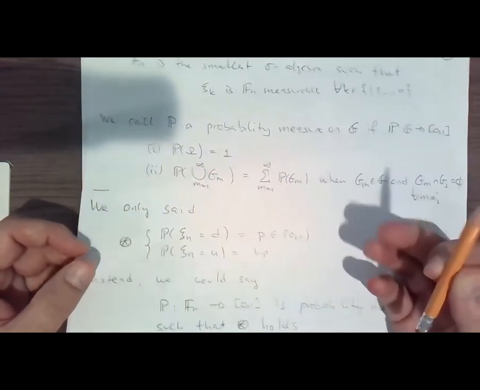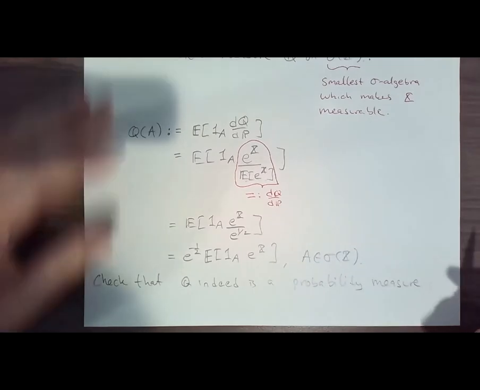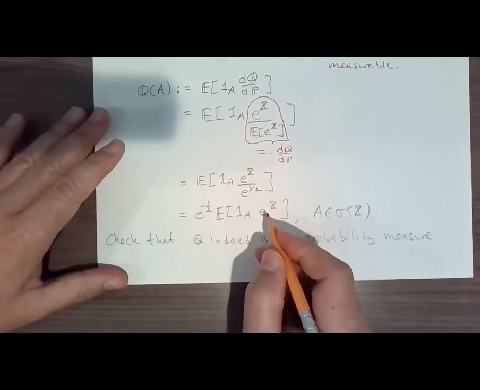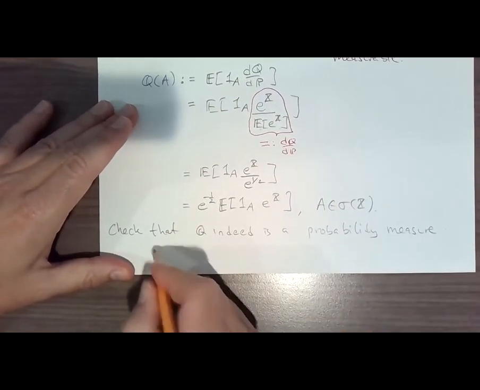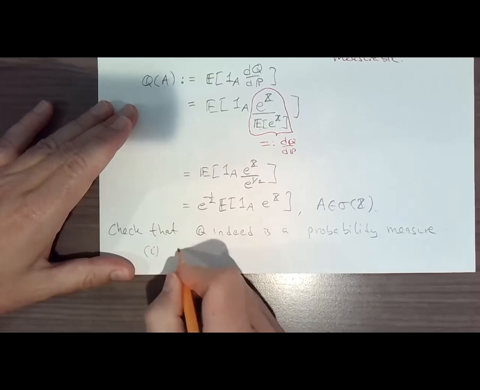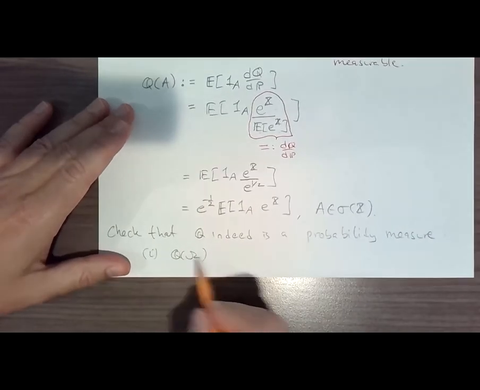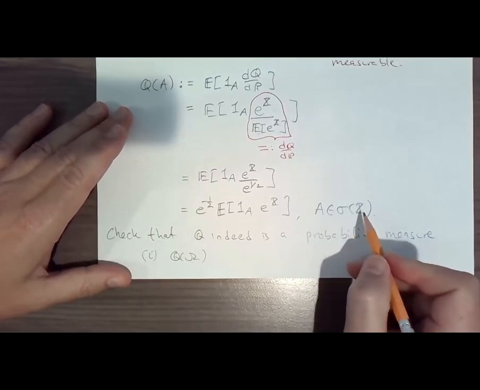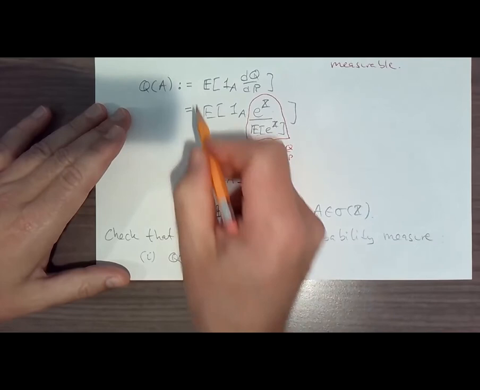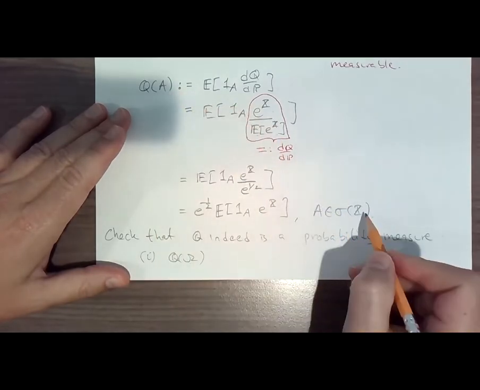So I need to check these two properties. Property number 1: if I take Q and evaluate it at omega, keep in mind omega is in all sigma algebras, so this makes sense. I can take A here to be omega.